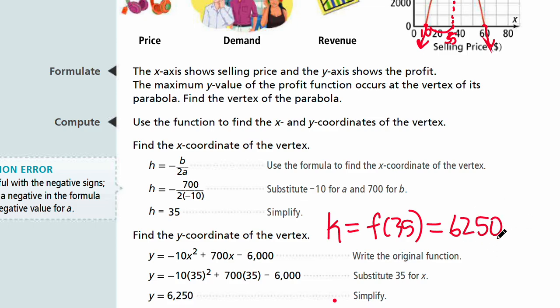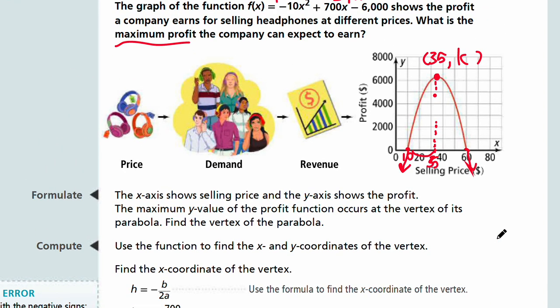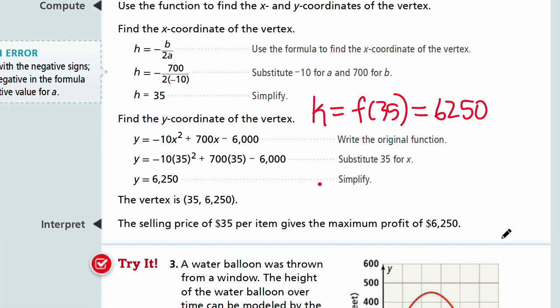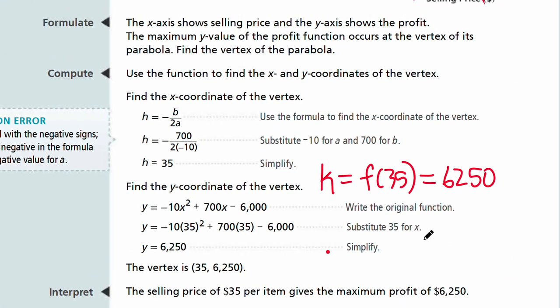And so our vertex is 35, 6,250. And so that means the selling price of $35 per item gives a maximum profit of $6,250. So that is our answer.